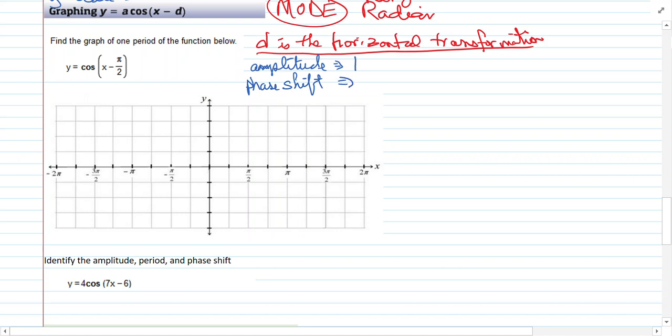It is pi halves to the right because it's opposite sign. All right, so we're going to first calculate our arguments.